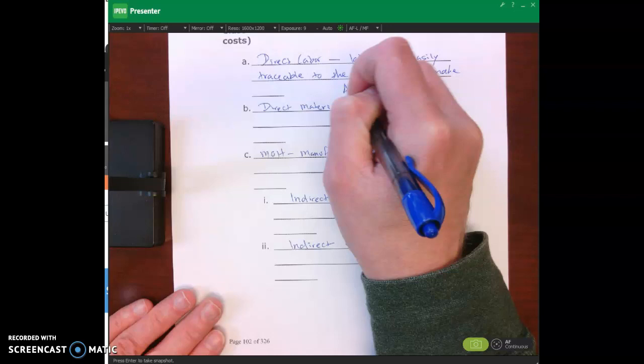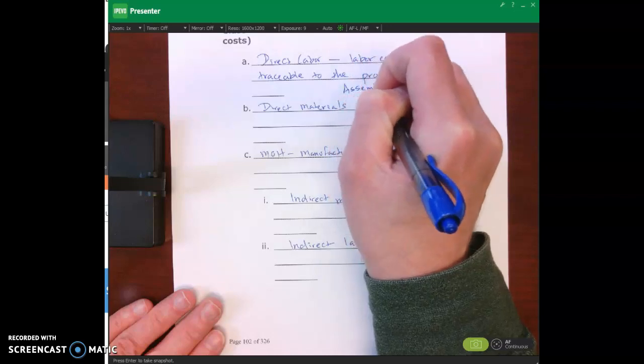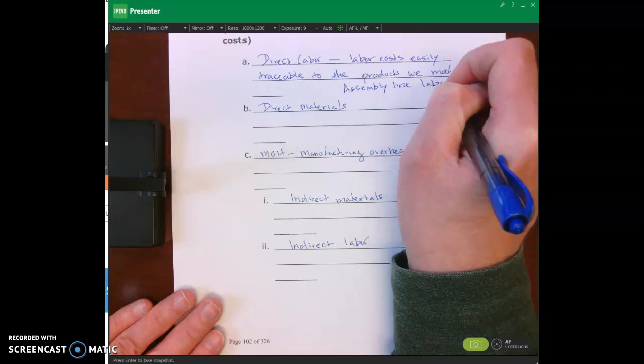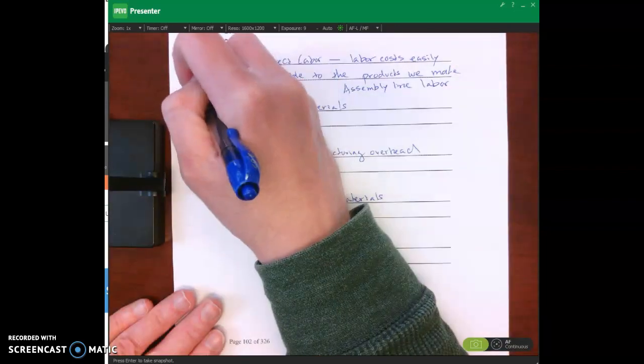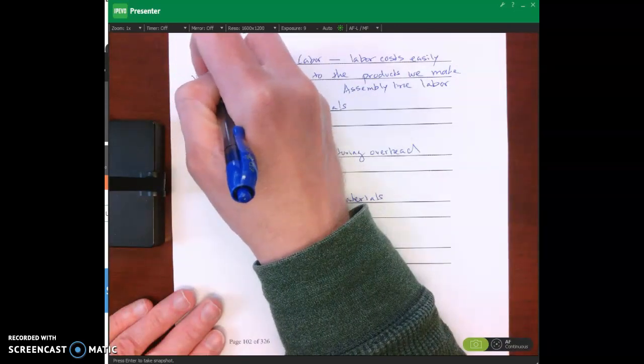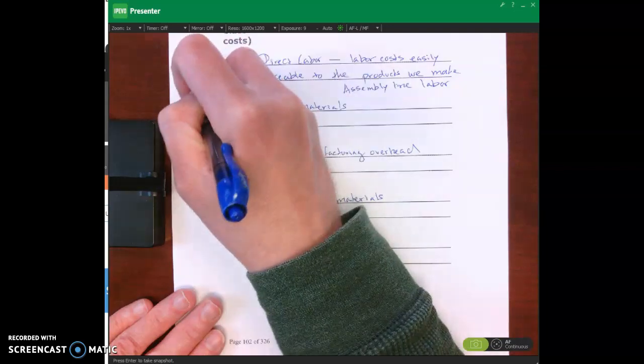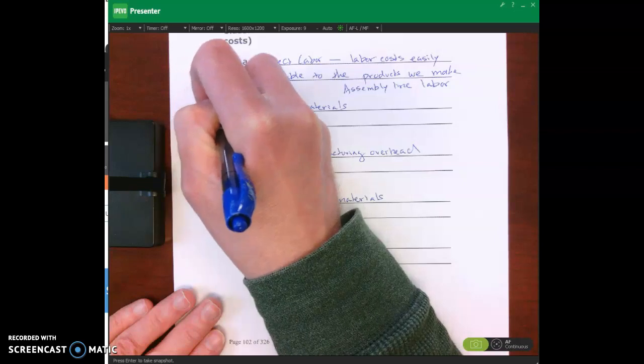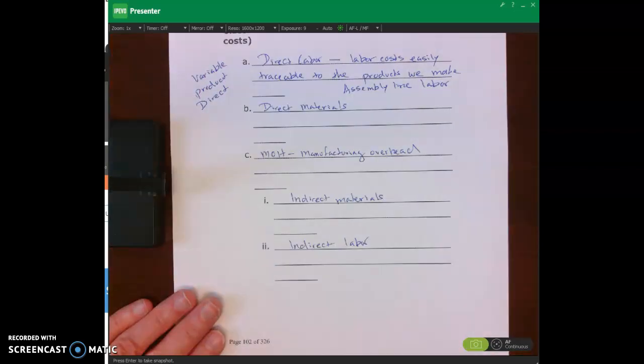So assembly line labor. Now direct labor is a variable product direct cost. It is a variable product direct cost.